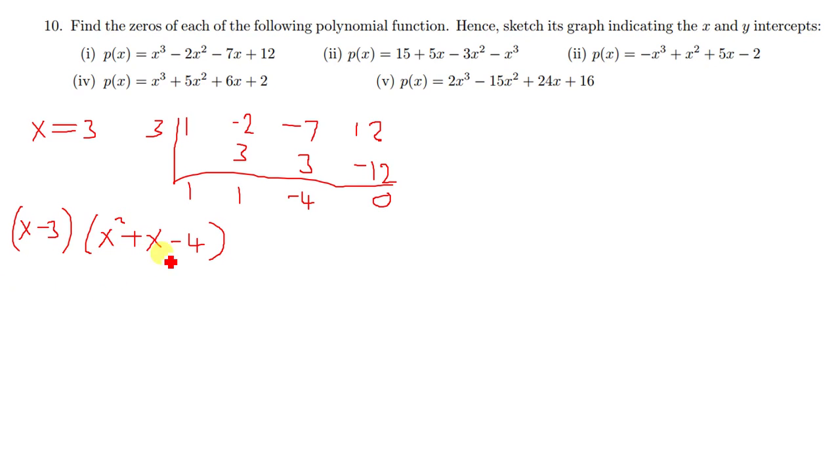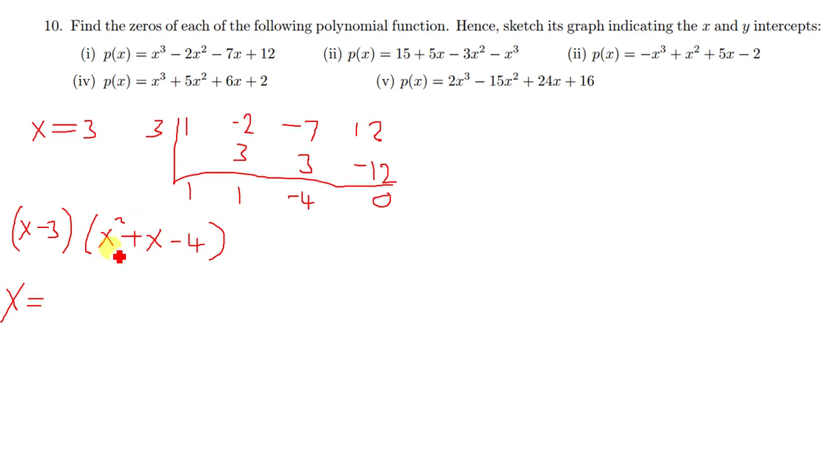So how do we do that? When you try to find the factors and you discover that what you have been given has no factors, you can use the formula method. So when you use the formula method, you are going to have your first value of x is already there, which is x is equal to 3.